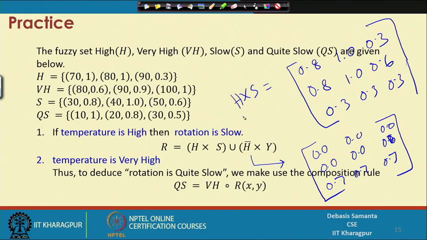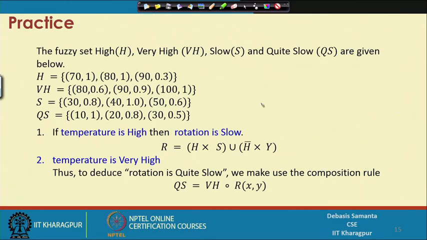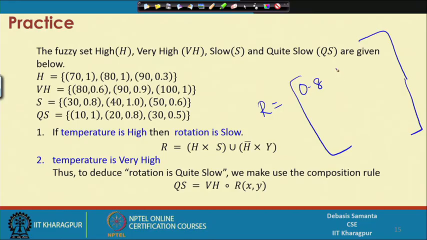Now, once you know this, then we can take the union operation, that means taking the maximum value. So, this relation matrix R can then be expressed as another relation matrix, you can verify this relation matrix that can be given as 0.8, 1.0, 0.3, 0.8, 1.0, 0.6, 0.7, 0.7, 0.7.